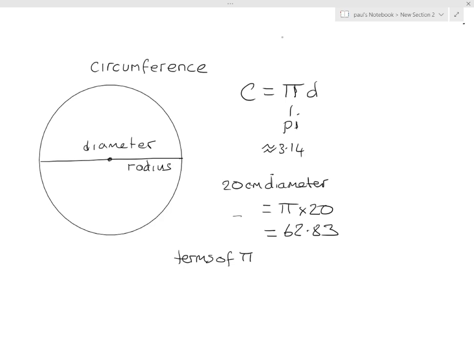You just take pi times 20 and say that's 20 pi. Now this is a length, so it will be centimeters or similar, or inches or yards or whatever else.